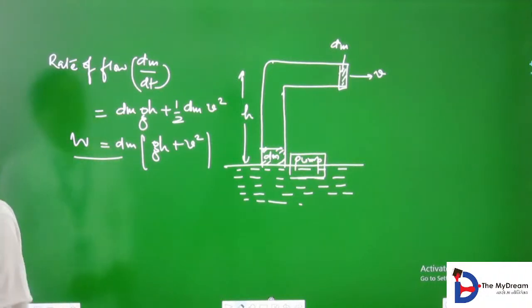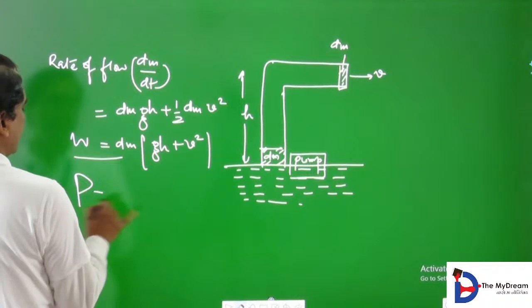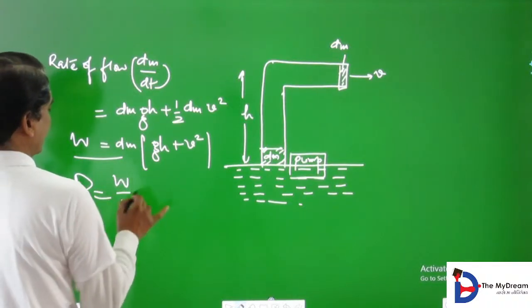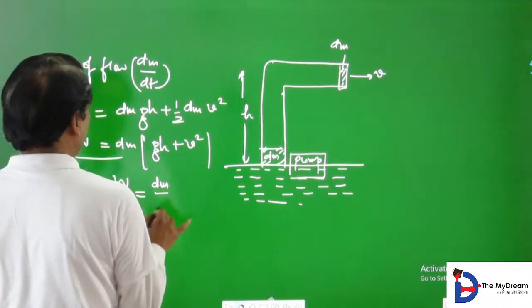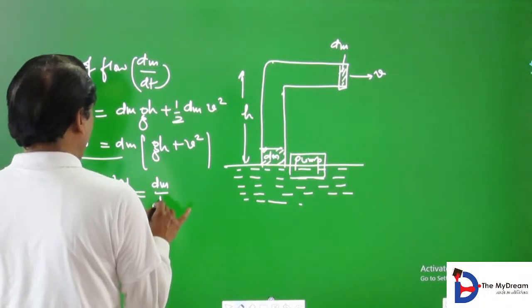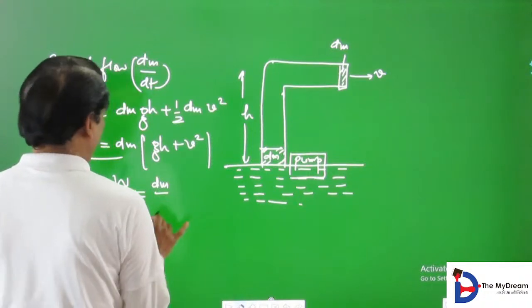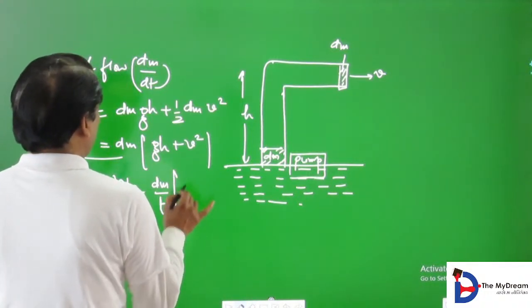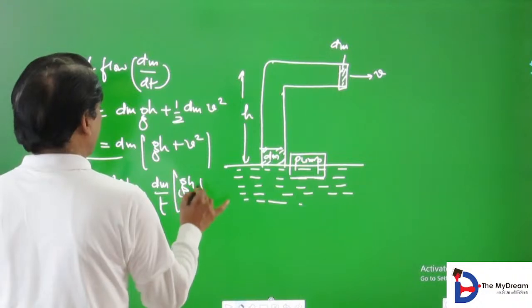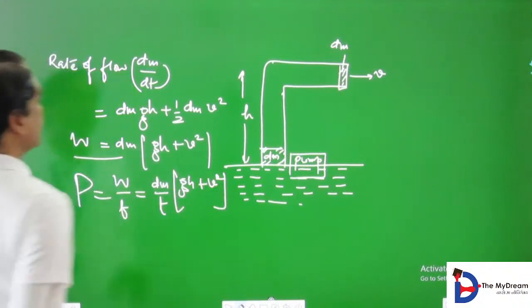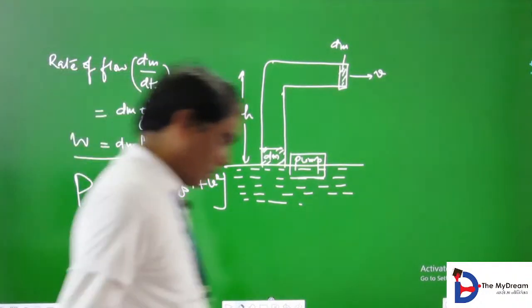If you want to know the power, the rate of doing work is called power. Write t, it makes no difference.